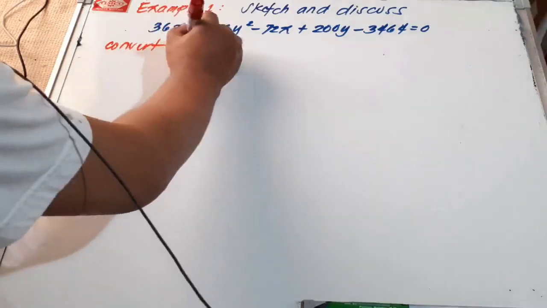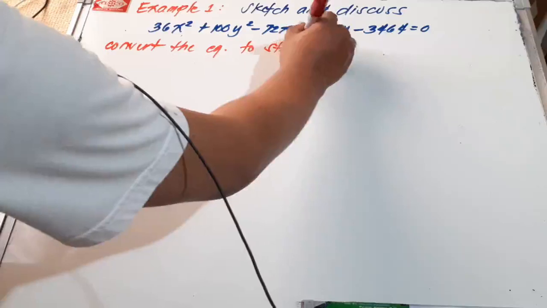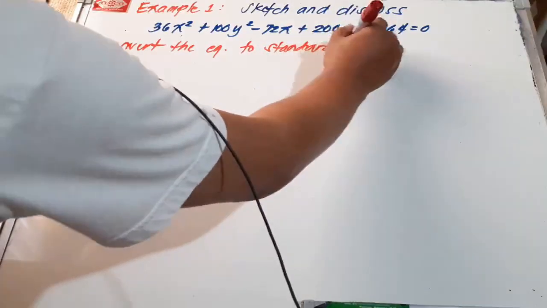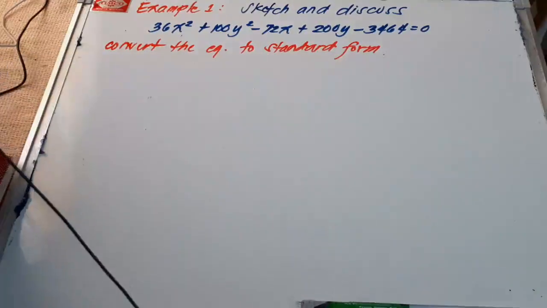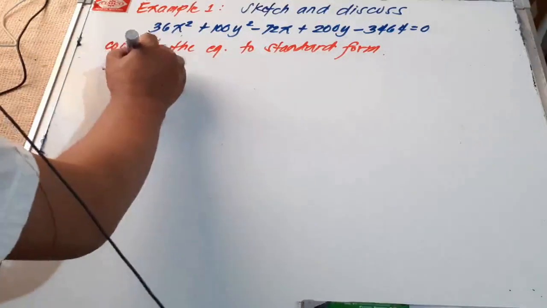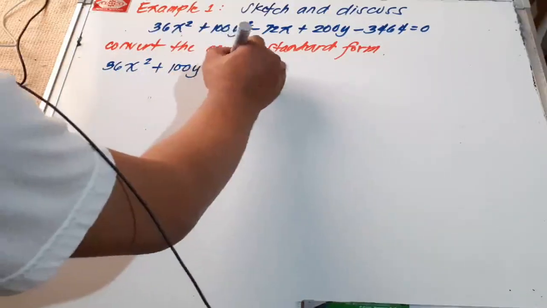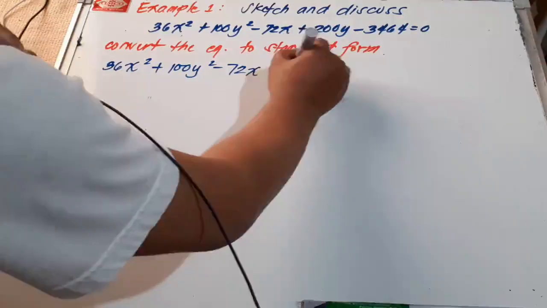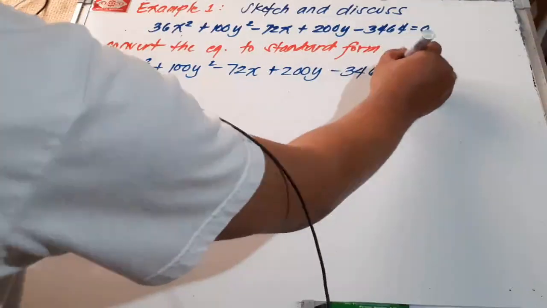the equation to standard form. So we have 36x squared plus 100y squared minus 72x plus 200y minus 3,464 equals 0.